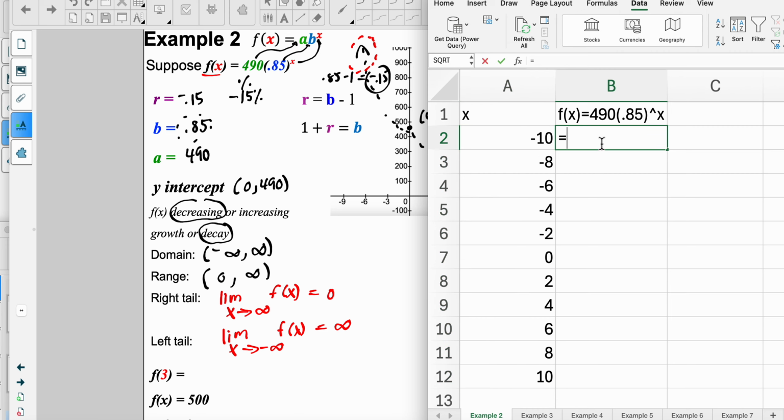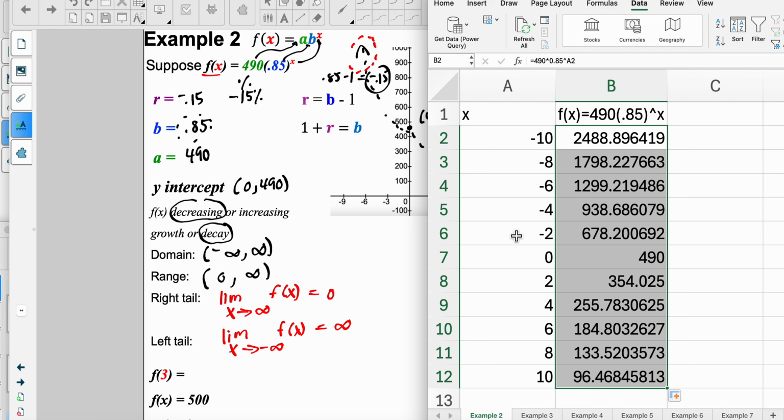This is equal to 490 times 0.85 raised to the x power. I don't actually need parentheses around that because of order of operations.